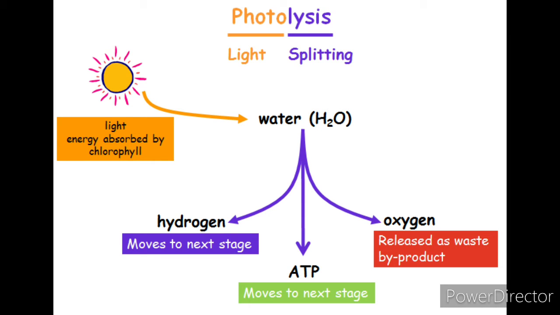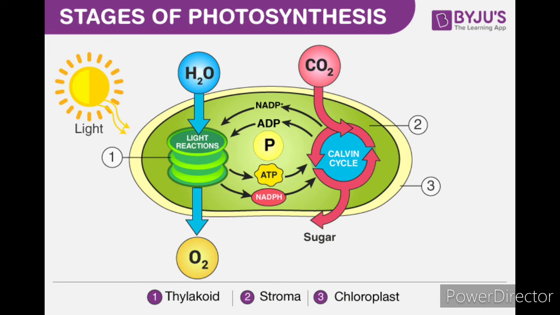Light energy is absorbed by the chlorophyll, then the water is split into hydrogen and oxygen. Here we move to the next stage. Hydrogen is used in another stage. In the dark reaction it undergoes several processes, whereas oxygen is released as a waste byproduct. Hydrogen undergoes a series of reactions in the dark reaction.